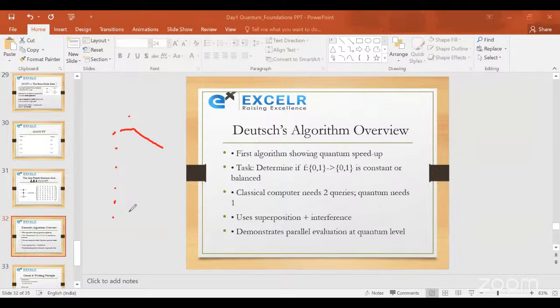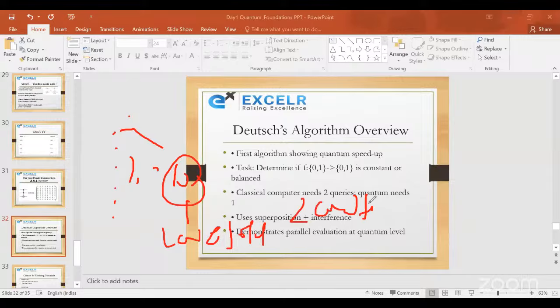Many fold means not one fold, two fold, three fold, or 10-fold. We can speed up 1,000 fold, meaning 1,000 times or 2,000 times, depending on the inputs. That is the beauty here.